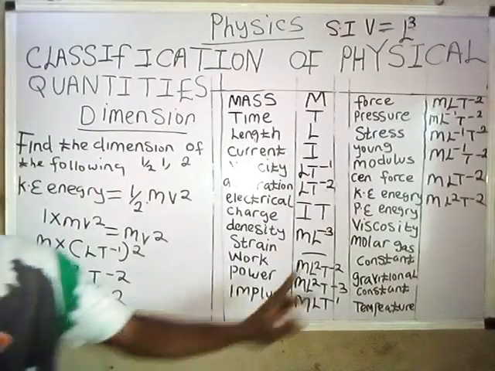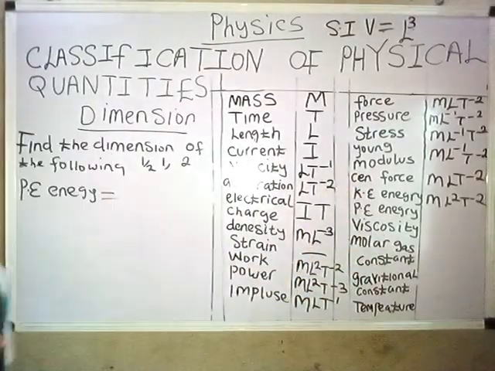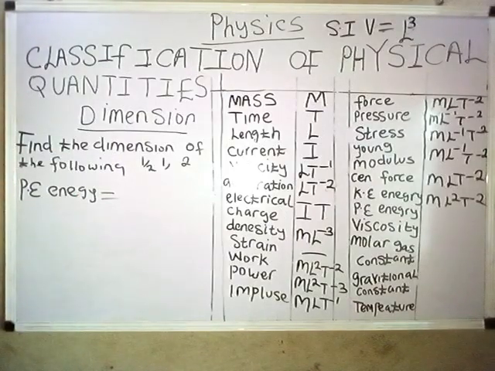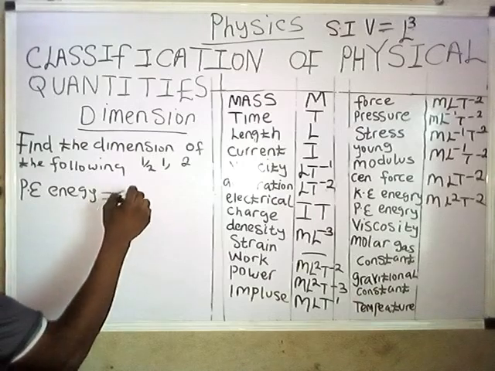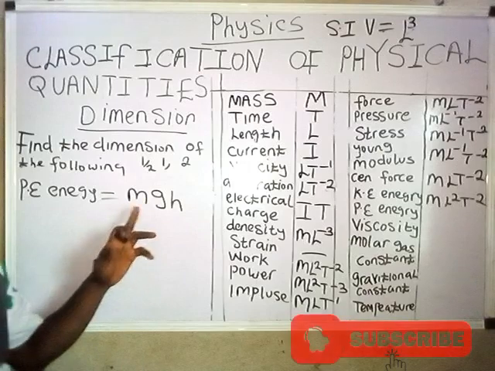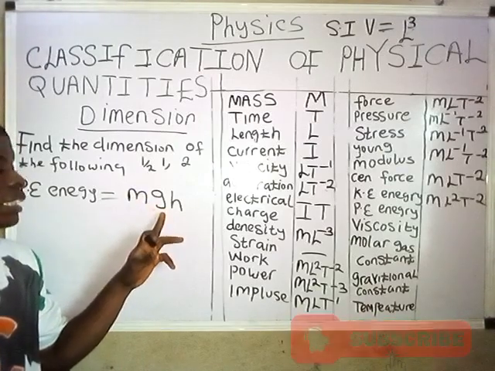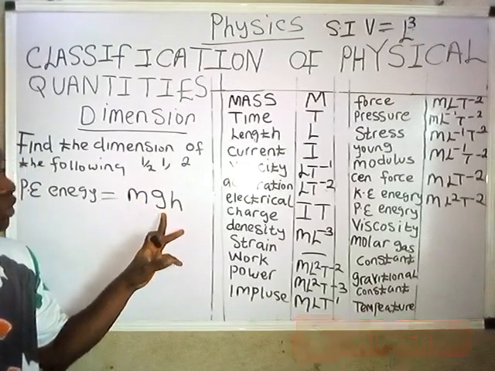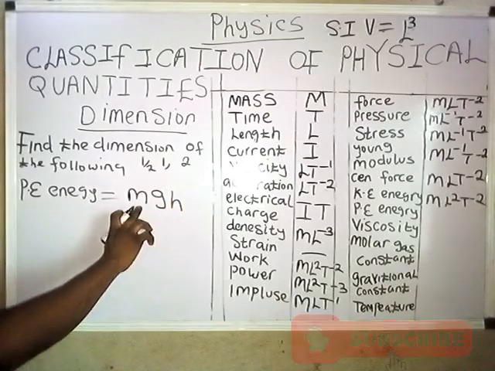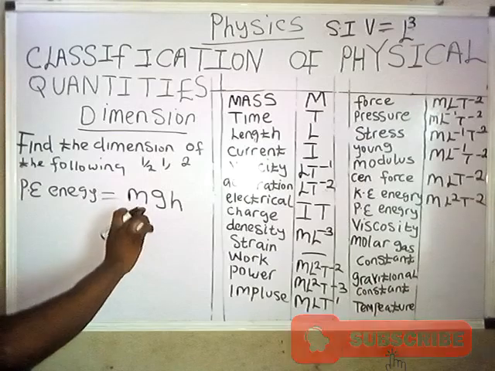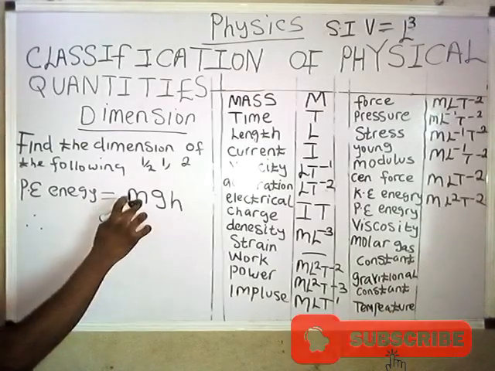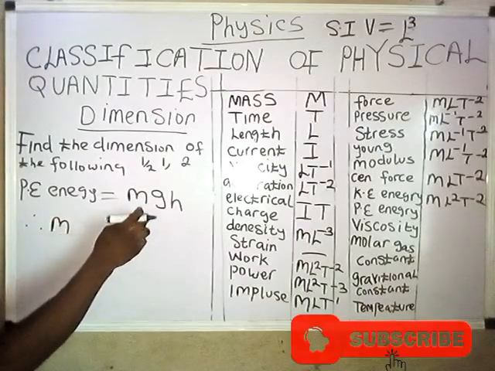So let's look at the dimension of potential energy. Okay guys, let's look at the dimension of potential energy. The formula for potential energy is mgh, where m is the mass, g is acceleration due to gravity, and h is your height. Therefore, the dimension for mass is m, and g is acceleration due to gravity.